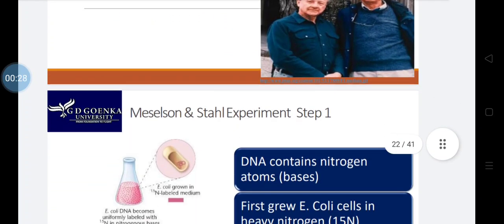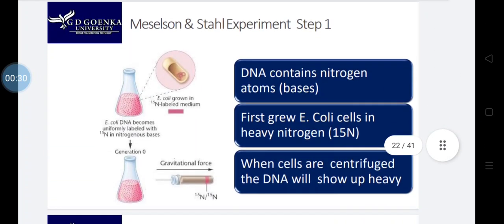In their experiment, we can see the first step. The concept was that DNA contains nitrogenous bases. They made a culture medium containing heavy nitrogen, 15N, and grew E. coli cells in that medium. When the cells are centrifuged, the DNA will show up heavy.